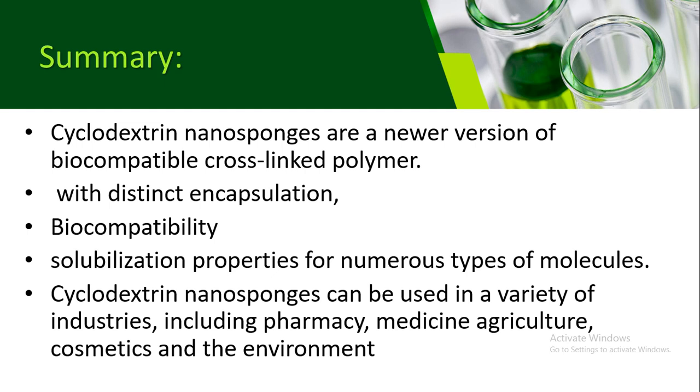Cyclodextrin nanosponges can be used in a variety of industries, including pharmacy, medicine, agriculture, cosmetics, and the environment. And this is the future work, inshallah, because we have a lot of contamination in the environment.